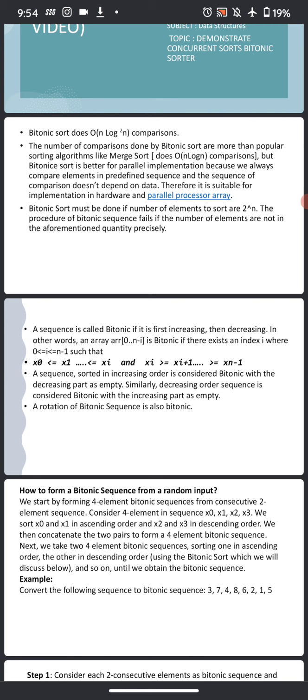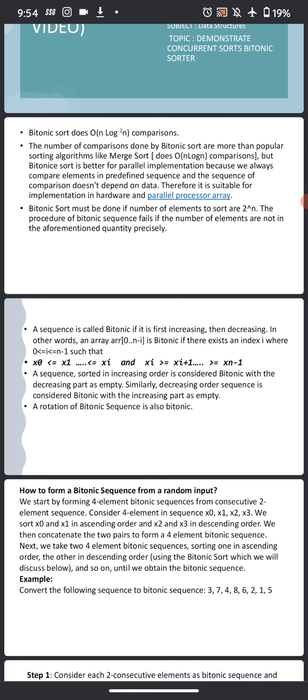In other words, an array x0 to xn minus 1 is bitonic if there exists an index i where 0 is less than or equal to i, which is less than or equal to n minus 1, such that x0 is less than or equal to x1, and it goes on until it's less than or equal to xi, and xi is greater than or equal to xi plus 1, and it goes on until it is greater than or equal to xn minus 1.